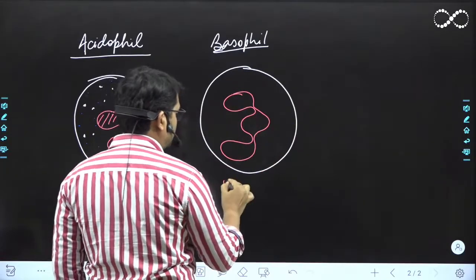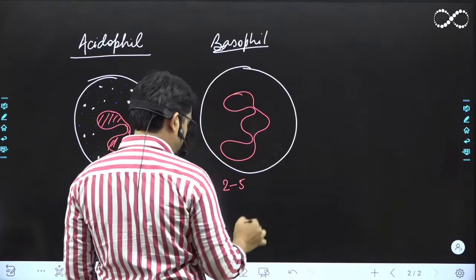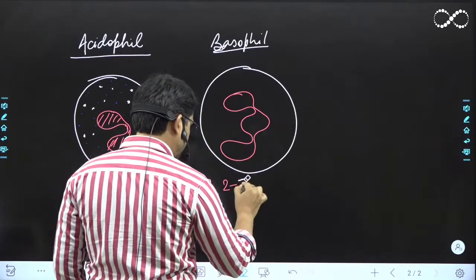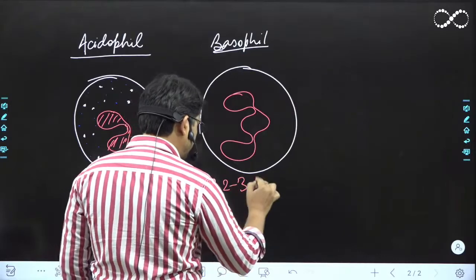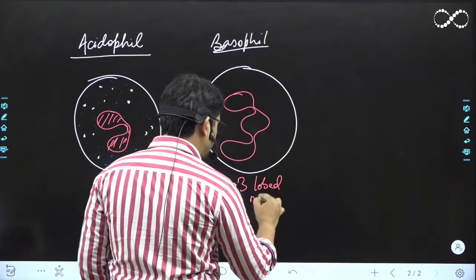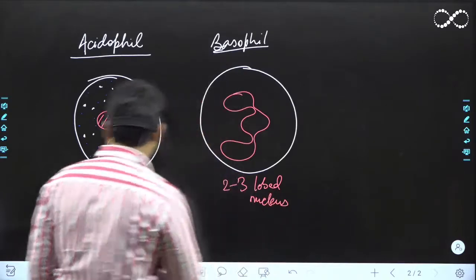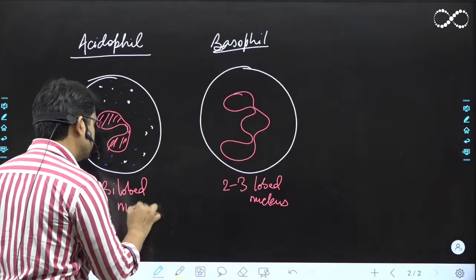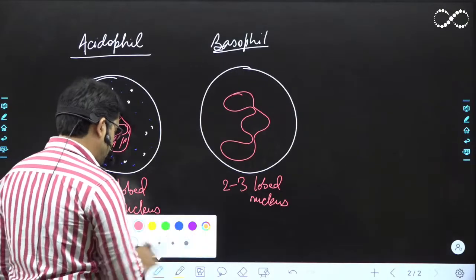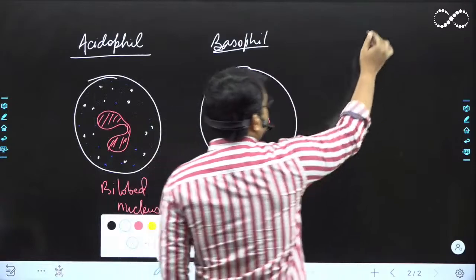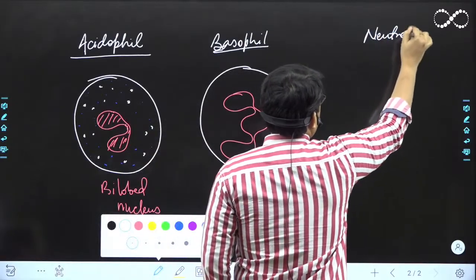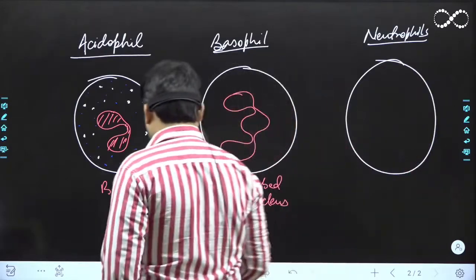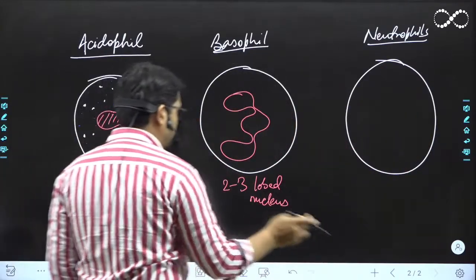Okay, so this is around 2 to 3 lobed nucleus. Okay, यहाँ पे क्या है? Bilobed nucleus. Now, if we are talking about the neutrophils, again the cytoplasm will be granular, वो आप लोग समझ लीजिएगा.